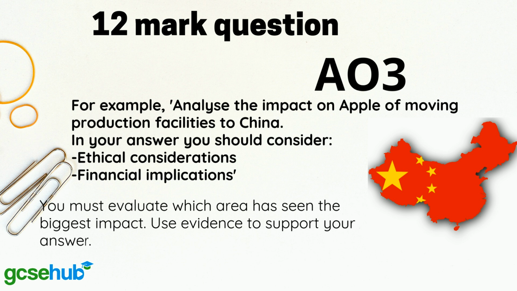So you might notice here that the question starts with the introduction, analyse the impact, giving the command word, and then it states that clearly in your answer you should consider 2 criteria. Now, these 2 criteria, you have to talk about them, you've got no alternative, and you have to give them equal weighting. So on the one hand, on the other, and you have to give evidence to support that.